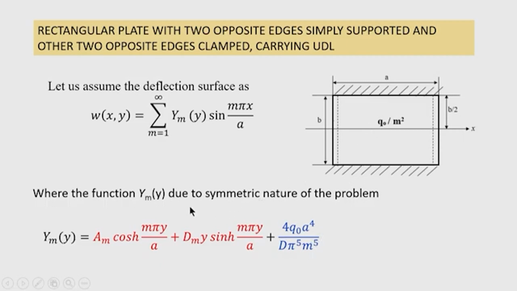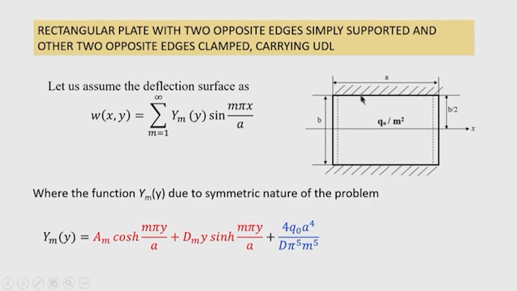Now, our requirement is that the boundary conditions have to be satisfied. On the boundary, that is y is equal to plus minus b by 2. You see now the x axis is passing through the center of the edges parallel to the y axis.